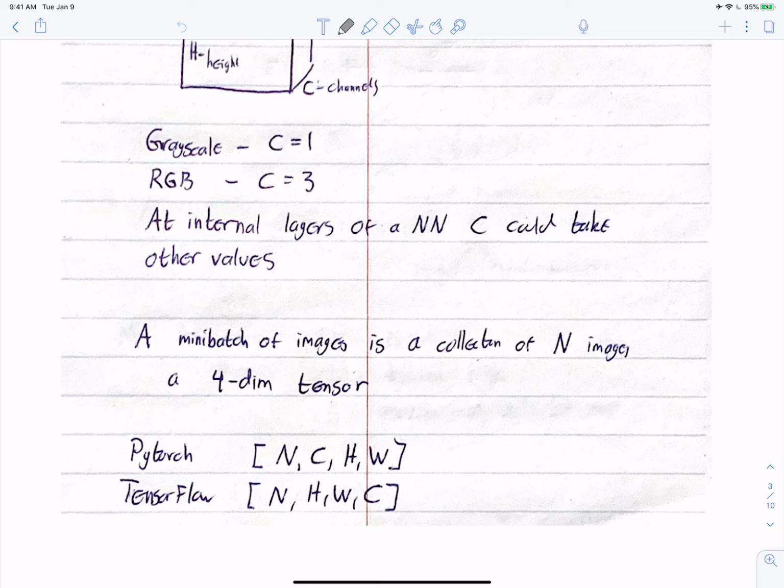In PyTorch, the 0th component is the batch dimension, then the first component is the channel dimension, and then height, and then width. In TensorFlow, it's arranged slightly differently. The 0th is the batch, then height, then width, and then channels. So just make sure you're using the right convention in the software framework that you're using.